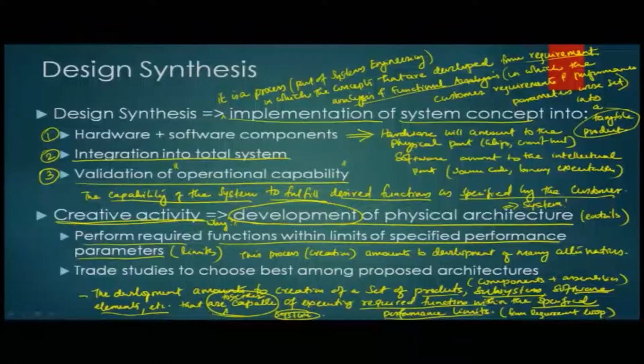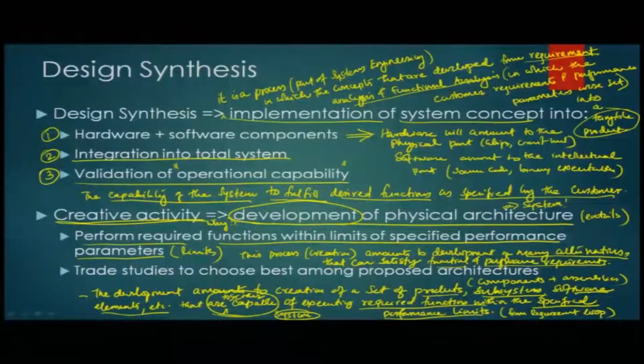So, when you have many alternatives that can satisfy functional and performance requirements, you will end up with many system designs, many alternatives which can do the same thing, functional and performance requirements.